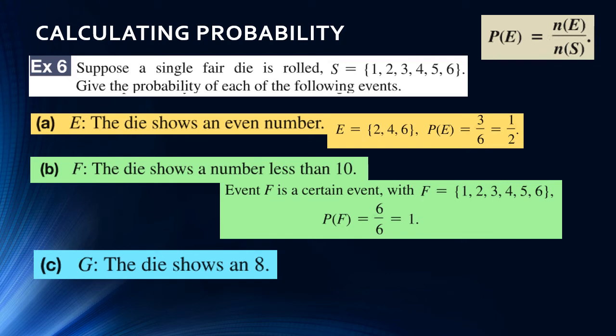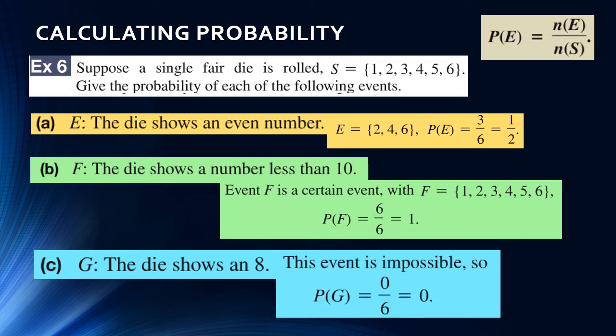The die shows an 8. Well, there are no members in the event outcomes, because no die has a number 8 on it, and there's 6 in the sample space. So we have 0 divided by 6. This is not undefined. Remember, it's undefined if 0 is in the denominator. So we get the probability that G will happen is 0.